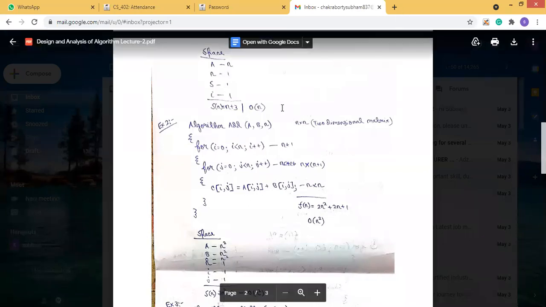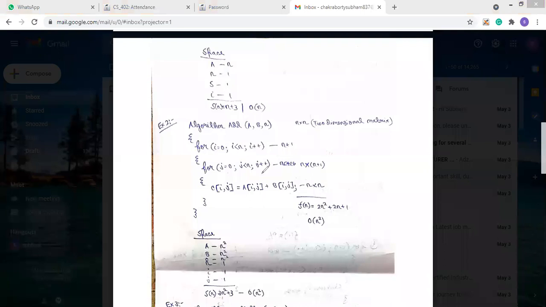One minute. So first we will consider this loop. For execution of a loop, if the value is n, then n plus 1 times is required for execution of the loop. But the statement present inside a loop will be executed n number of times.